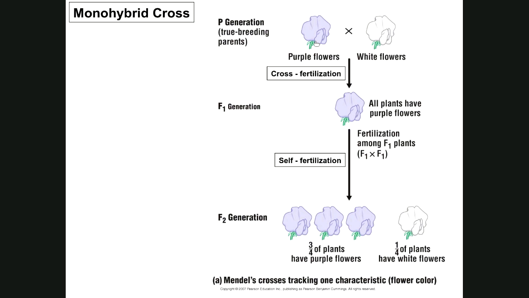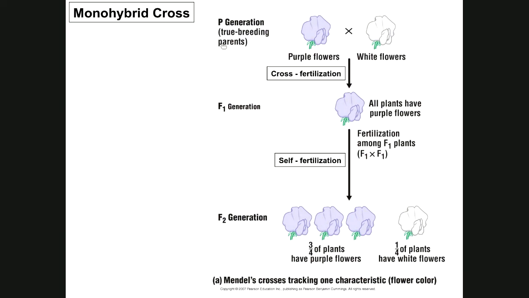Same thing for this other one here. Before he ever started the monohybrid cross, he also created a true breed for white flower color. That meant if this true breed for white flower color self-fertilized, the offspring that were produced always grew white flowers, always. So once he established these true breeds, then he began his monohybrid cross.